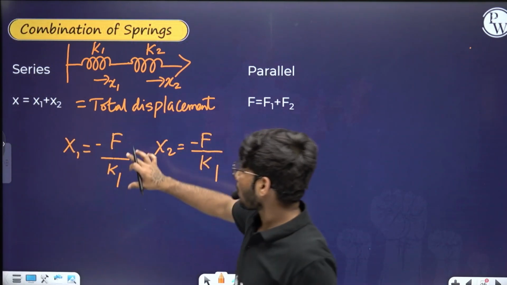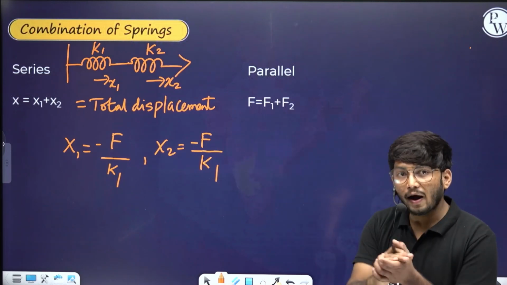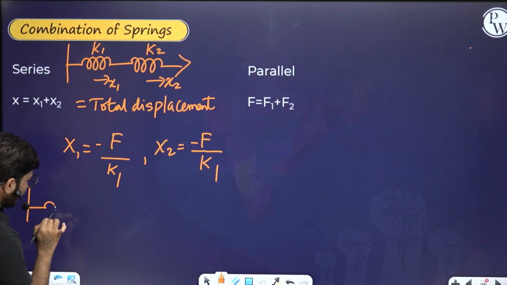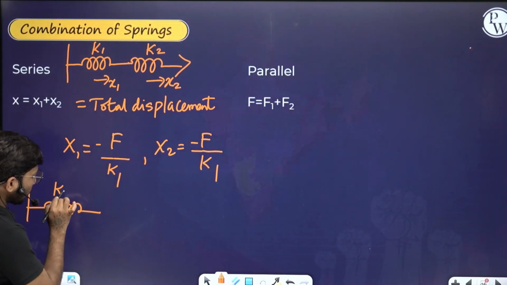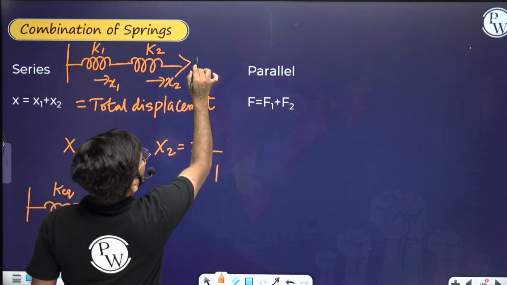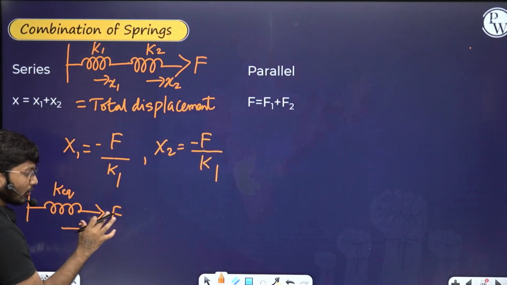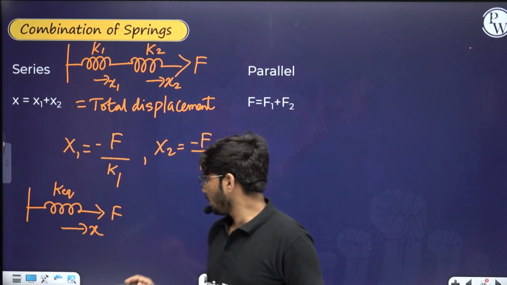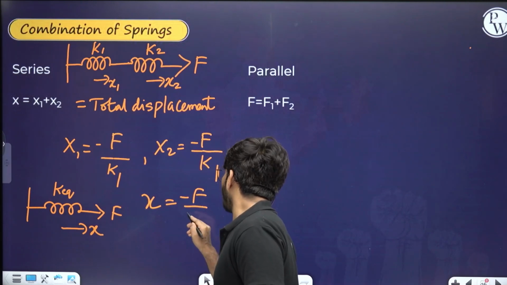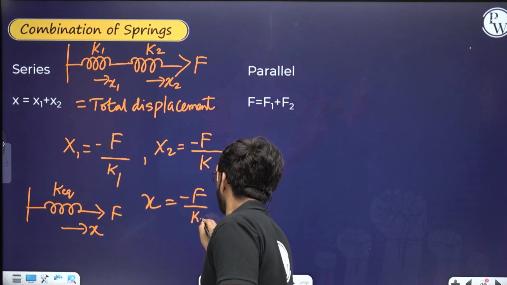So these two I'm trying to replace with one spring having spring constant, let us say, k equivalent. This k equivalent has to do the same displacement with the same force. In that case x is going to be minus F divided by k equivalent.